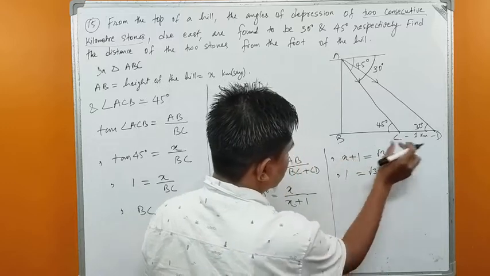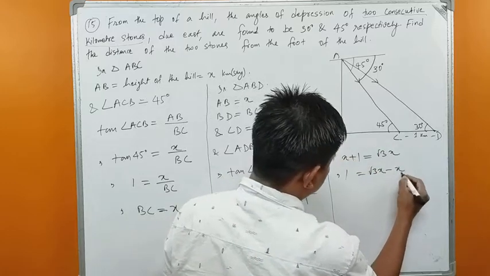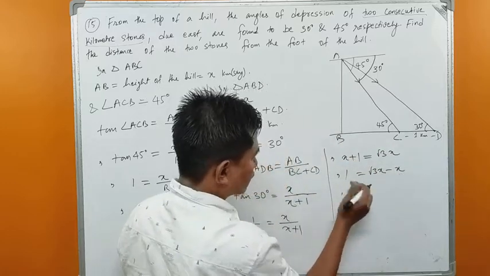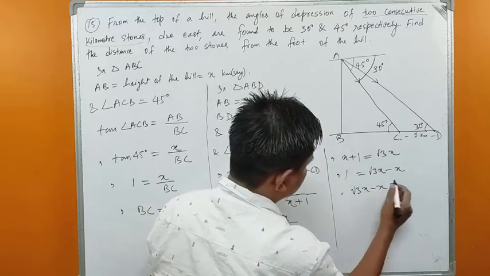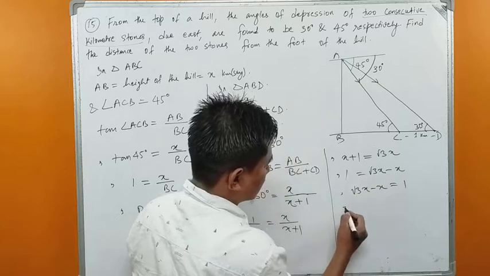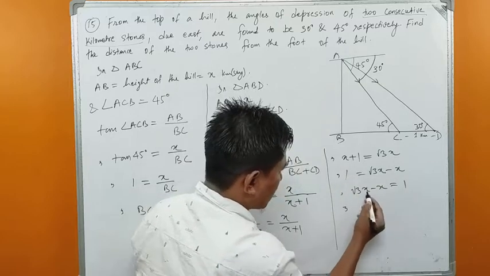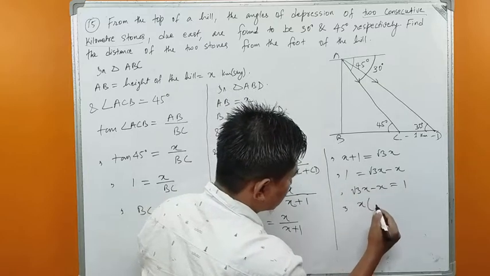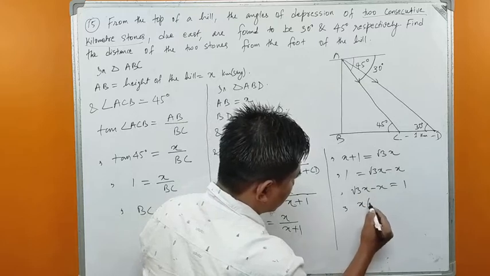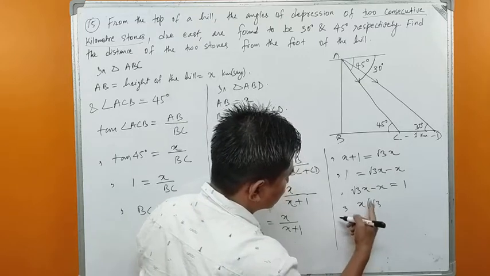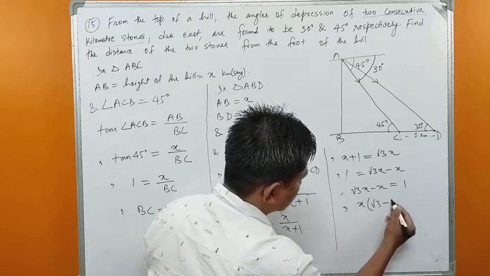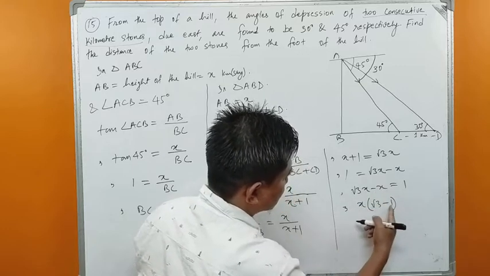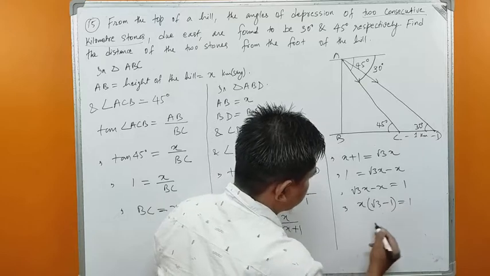Now we bring x to the other side: root 3x minus x equals 1. Taking x common within the bracket, x into root 3 minus 1 equals 1.